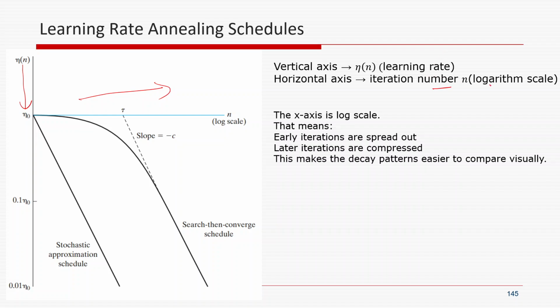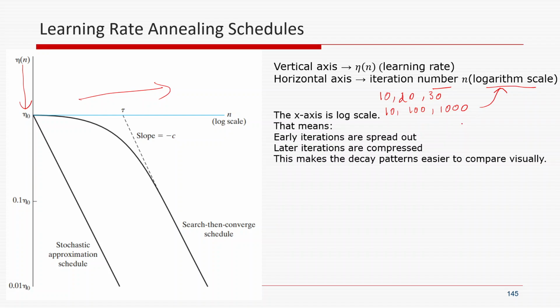The iteration number we will take in the logarithm scale, because if there is no logarithm scale, like what we are getting at the 10th iteration and then 20th iteration, it keeps going linearly. But when we go with the log scale, it will be 10, 100, and then 1000, and we will keep going.